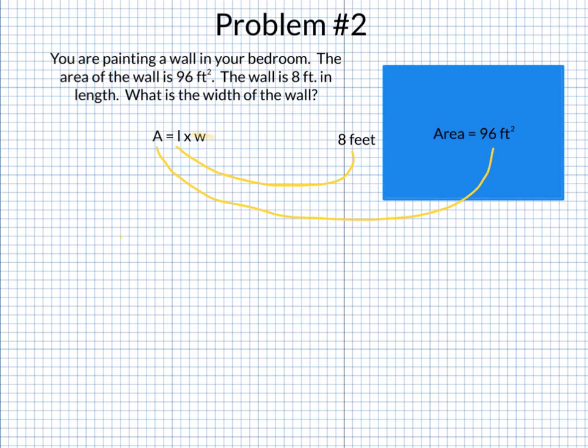So, 96 feet equals a length of 8 times W, since we don't know what the width is. Then, to move on, you divide 96 by 8 and get 12 equals W. To finish, you say W, the width, equals 12 feet.